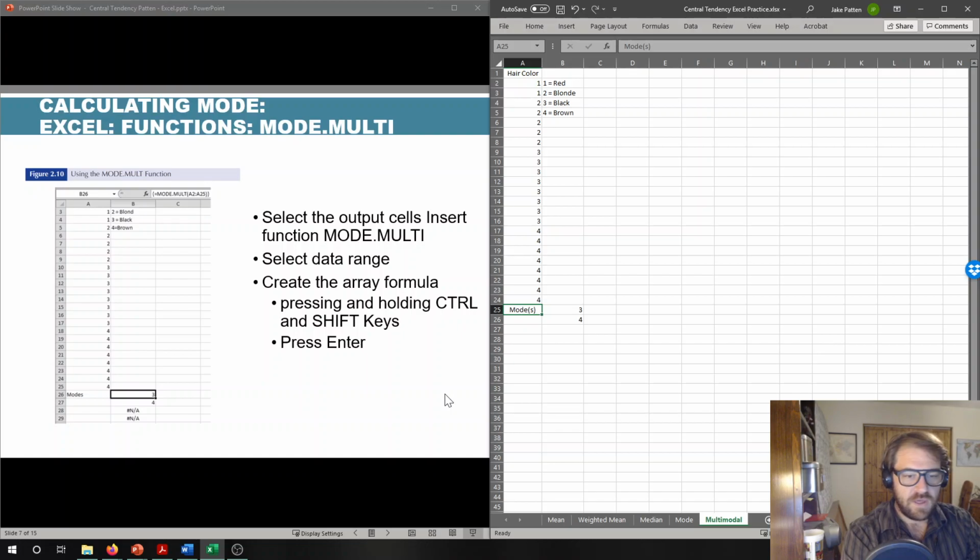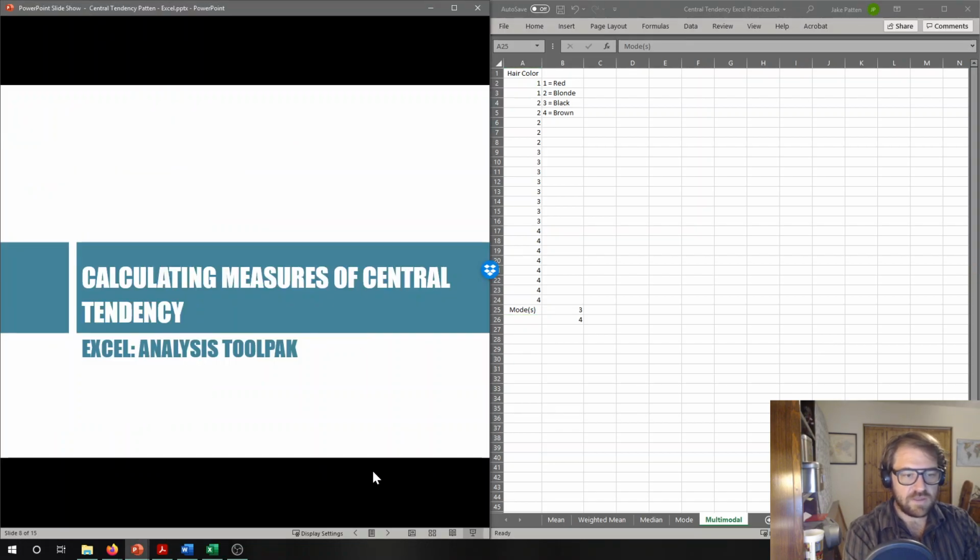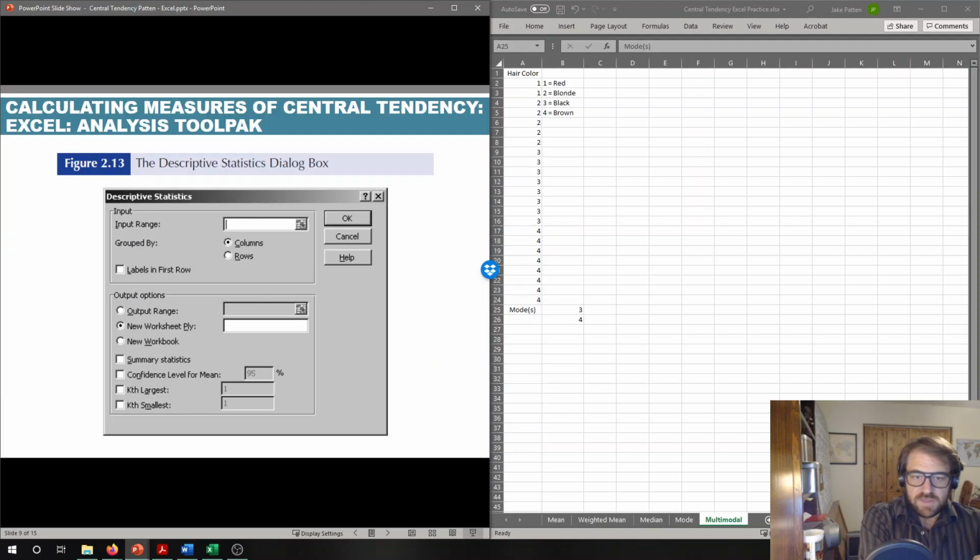Okay, the next thing we can do is we want to look at the analysis toolpak. There is a way to do all of this without typing in code. Now, it seems like a way to do it without typing in code is going to be easier, but there's a lot of clicks involved. And once you get good with these codes, I'm telling you, I know how it feels. I was in the same boat.